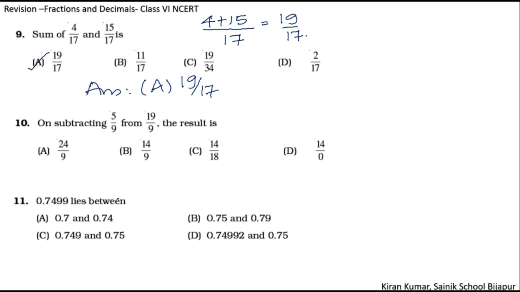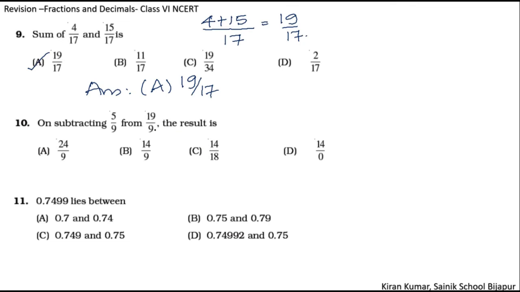Question number 10. On subtracting 5 by 9 from 19 by 9, the result is, so we need to subtract the smaller number from the larger.